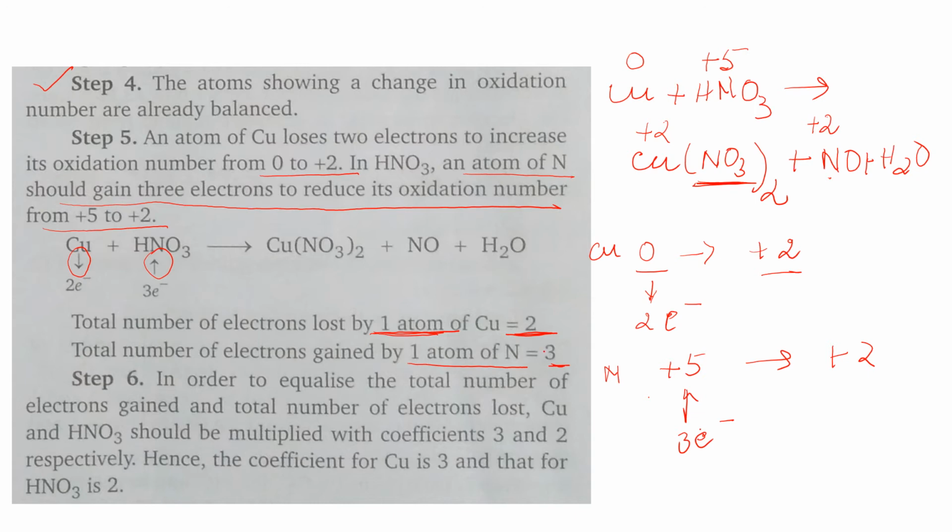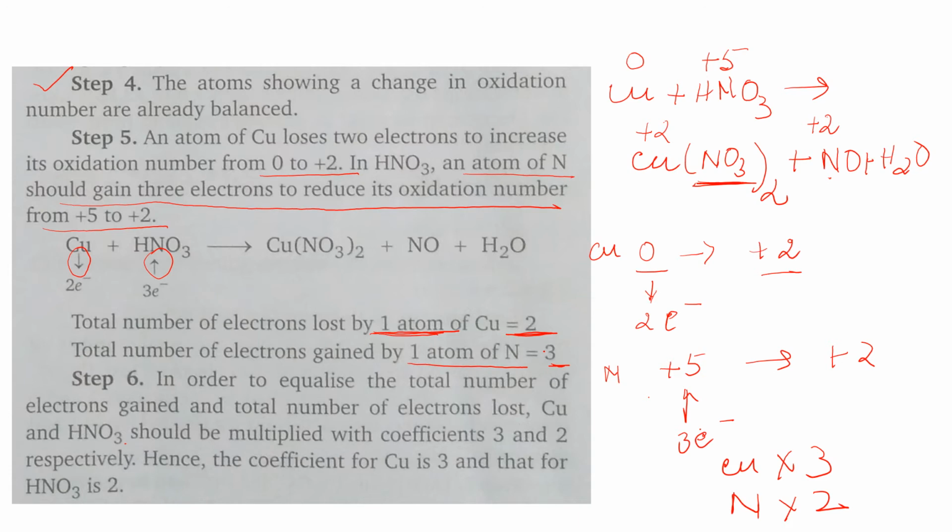So step number 5, what do I have to do? I have to find out the coefficients. So in order to equalize the total number of electrons gained and total number of electrons lost, copper should be multiplied with the coefficient 3 and HNO3 has to be multiplied by 2.